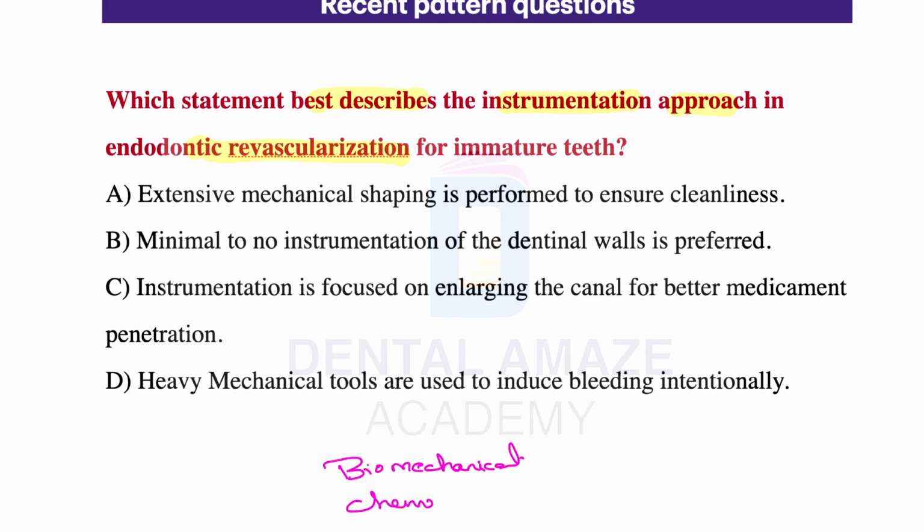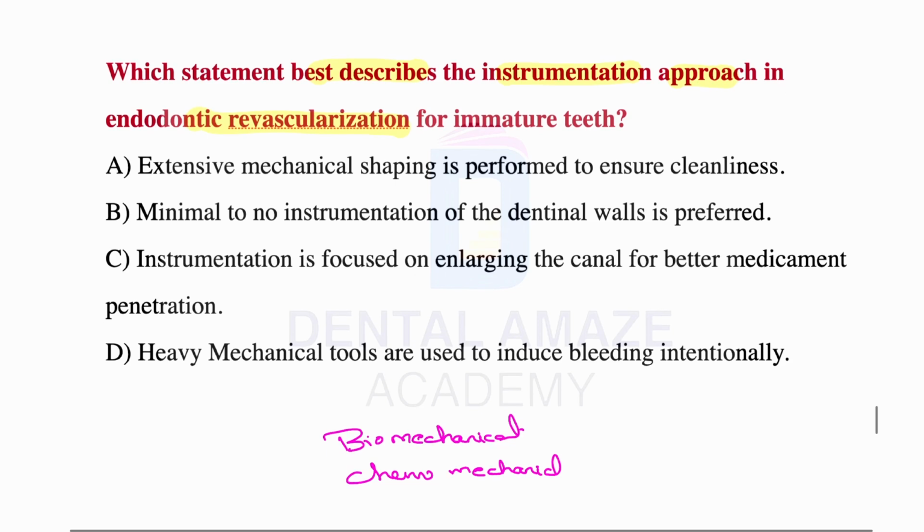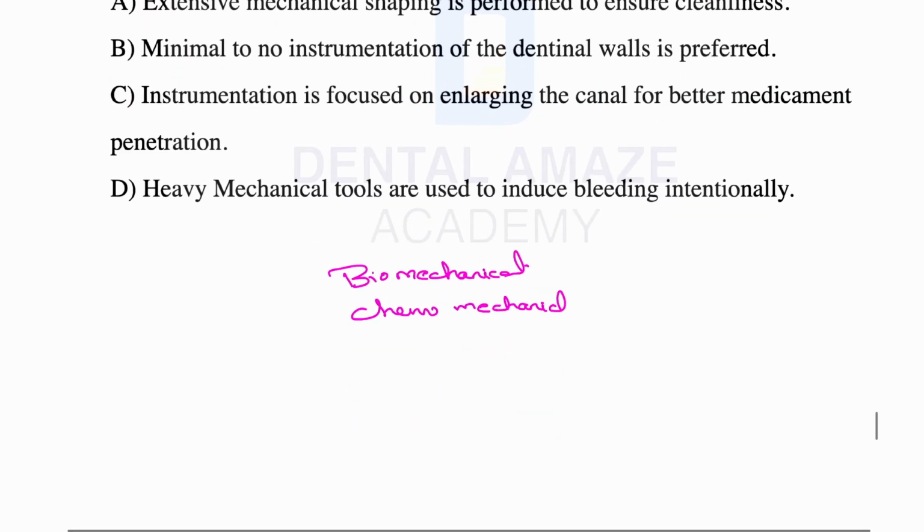That is, you use saline or hypochlorite, and definitely you do a good bit of instrumentation, isn't it? So that's chemomechanical in your conventional method. But here, you don't do too much, or you do minimal instrumentation. So in revascularization, the instrumentation is minimal, and basically we follow a chemical, not chemomechanical, methodology.